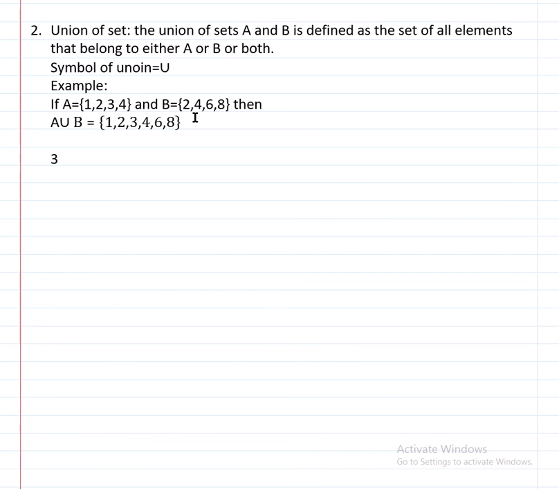So let's make it 3. And write disjoint sets.